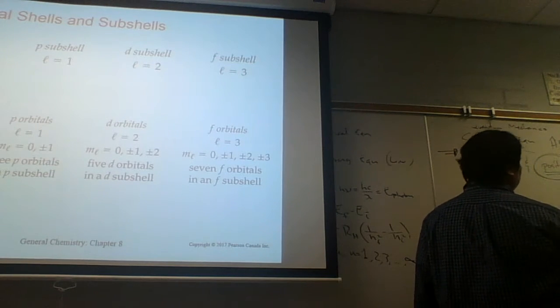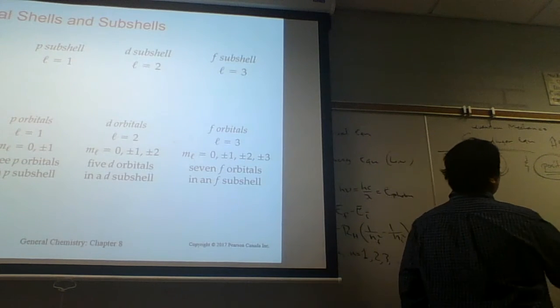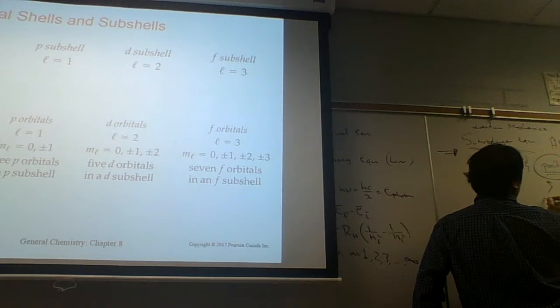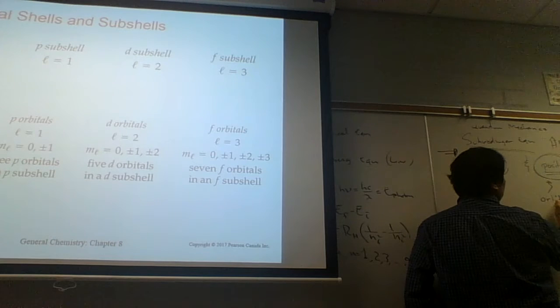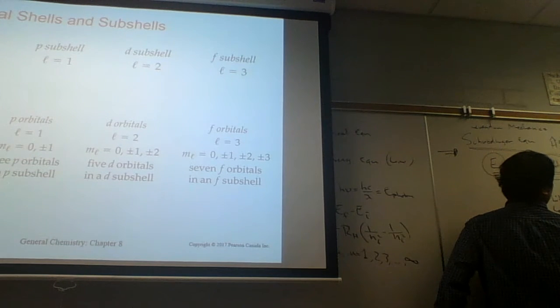And the end result is this. The positions are given by orbitals, not orbits. The orbitals are given the symbol psi, and the orbitals are probability functions of finding electrons in a volume of space.